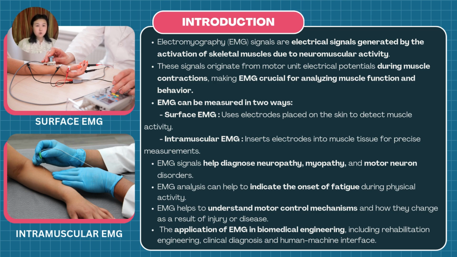The physiological relevance of EMG signals includes that they can be used to diagnose diseases such as motor neuron disorders. EMG analysis can indicate the onset of fatigue during physical activity, and EMG helps to understand motor control mechanisms and how they change as a result of injury or disease.